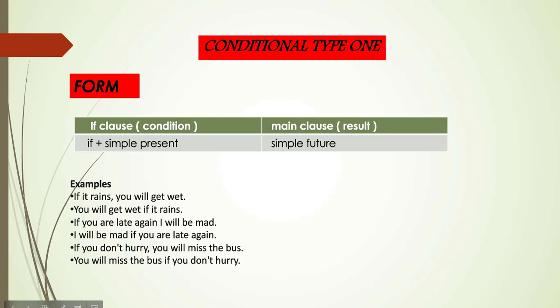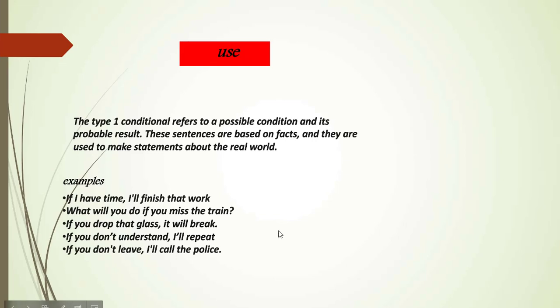Now we can move on to the function, or the use, of conditional type 1. Type 1 conditionals refer to a possible condition and its probable result. These sentences are based on facts and they are used to make statements about the real world.